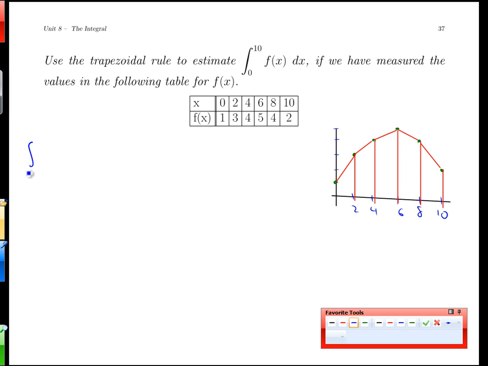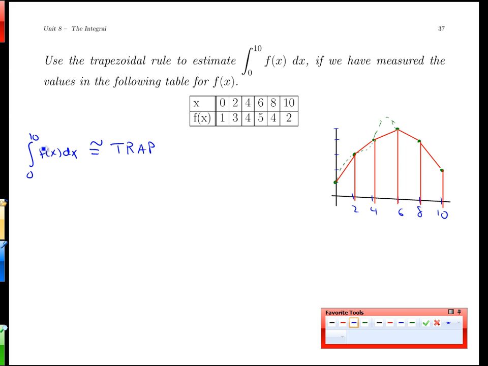And so the integral from 0 to 10 of our function, we don't know what the actual function looks like, of course. The function may do something like this, it may do something crazy, we don't know. All we know are the landmark points at these particular x values, so we do the best we can with what we have. And we say that this integral is going to be approximately equal to a trapezoidal estimate.